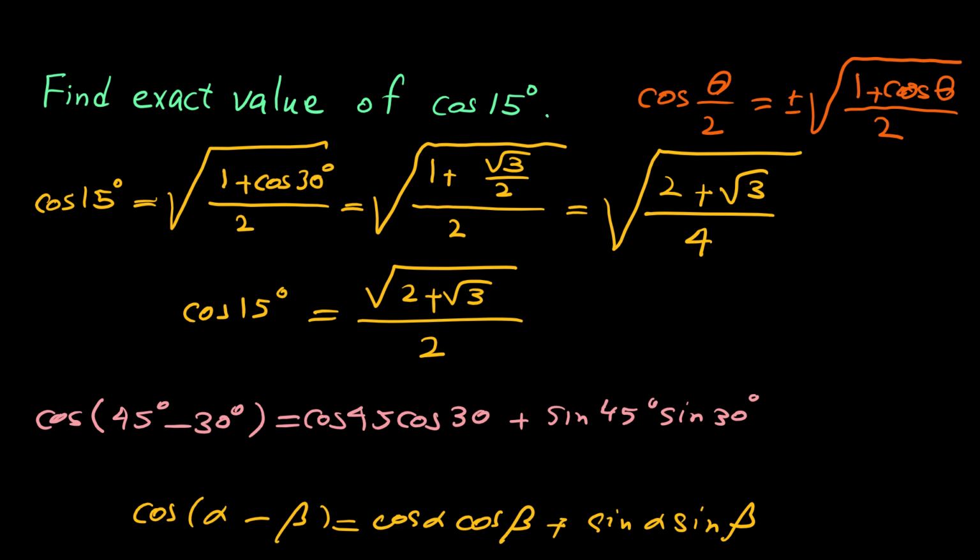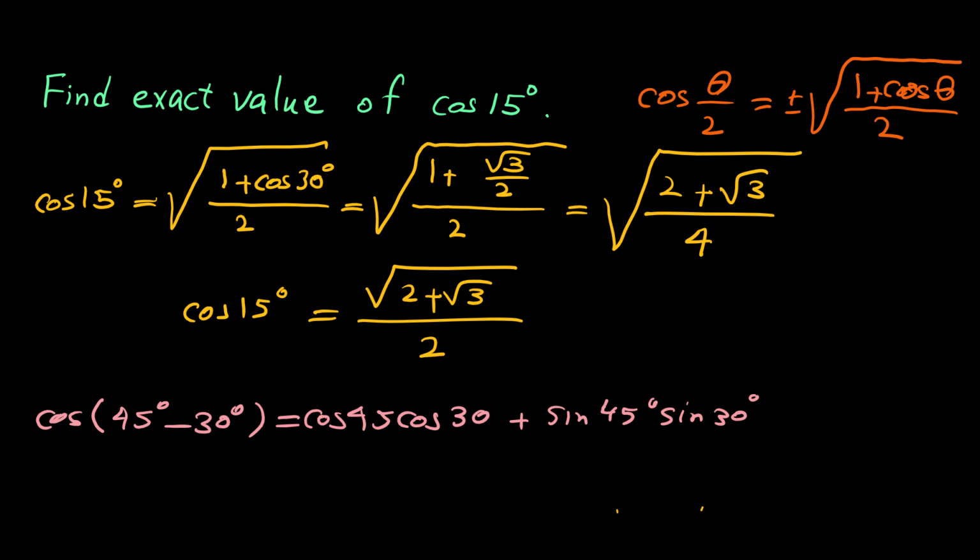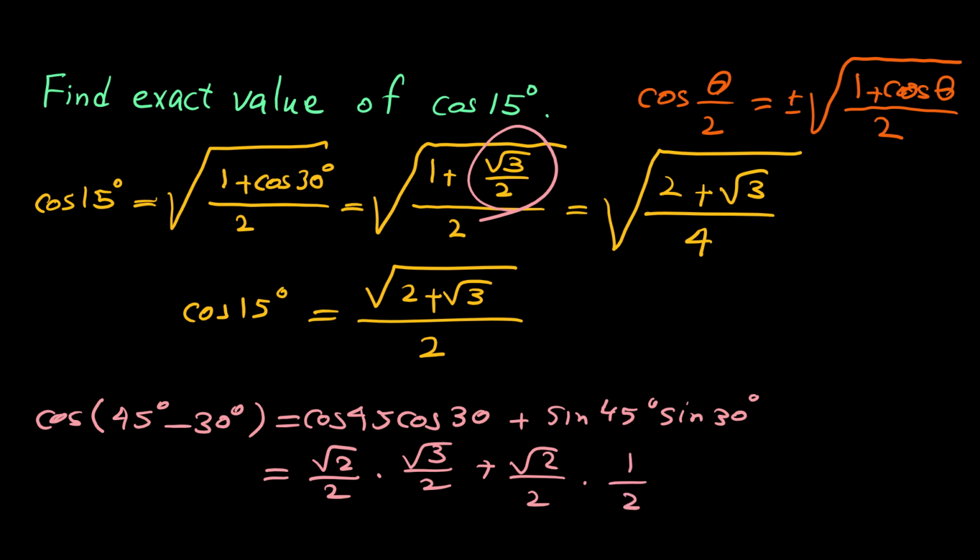Now let's simplify and find these values. Cosine of 45 is radical 2 over 2, or 1 over root 2. Cosine of 30 is radical 3 over 2. Sine of 45 is similar to cosine 45, radical 2 over 2. Sine of 30 degrees is 1/2.